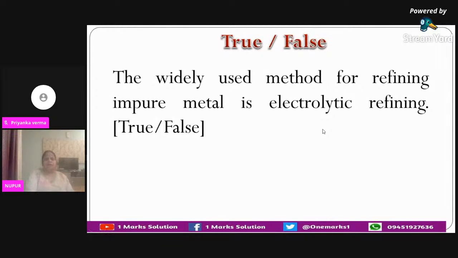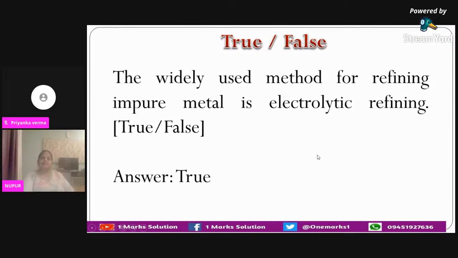Now, the widely used method for refining impure metal is electrolytic refining. See, when we want to get any metal in very high purity, highly pure state, then which method do we use? Is it electrolytic refining?